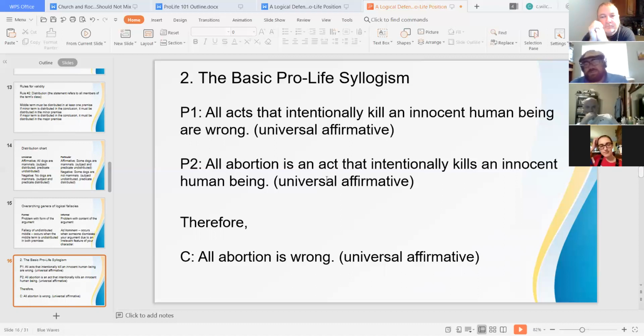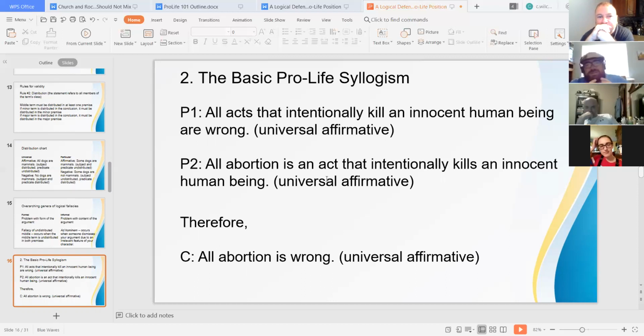This is the syllogism that pro-life speakers and arguers use. And so I'm going to show how the argument is valid and sound, and then I'm going to show why pro-choice arguments don't do the job that they should do, that they don't actually address the argument, they actually argue irrelevantly and commit fallacies. So this is the basic pro-life syllogism.